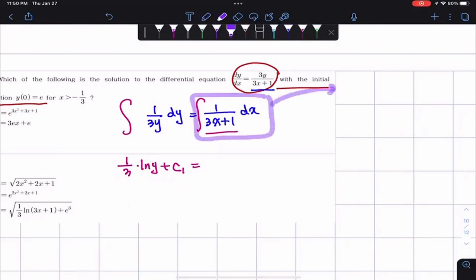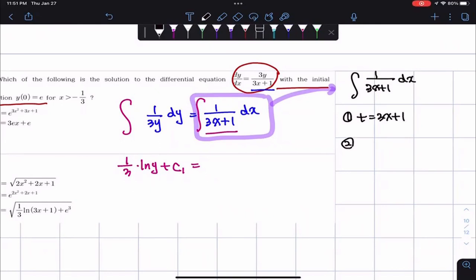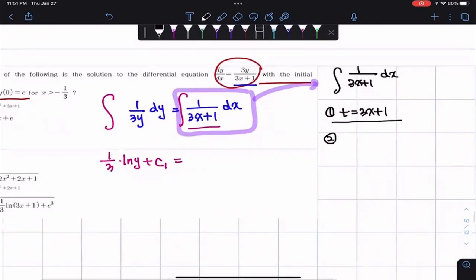Take this integral, 1 over 3x plus 1 dx, using the substitution integral, t equals 3x plus 1. Follow 3 steps. This is the first step. The second step is differentiation: dt equals 3 dx, so dx equals 1 over 3 dt.